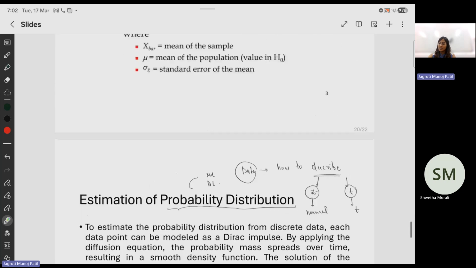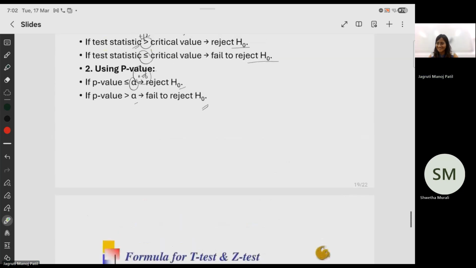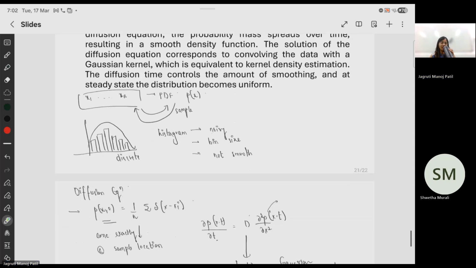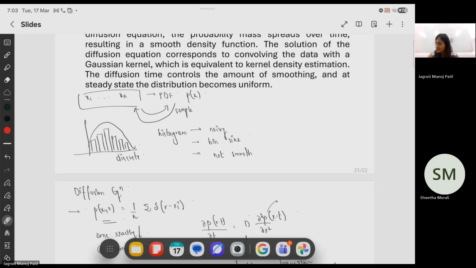Okay. Any doubts? Was the last part clear and also the hypothesis part? Yeah. So, okay.